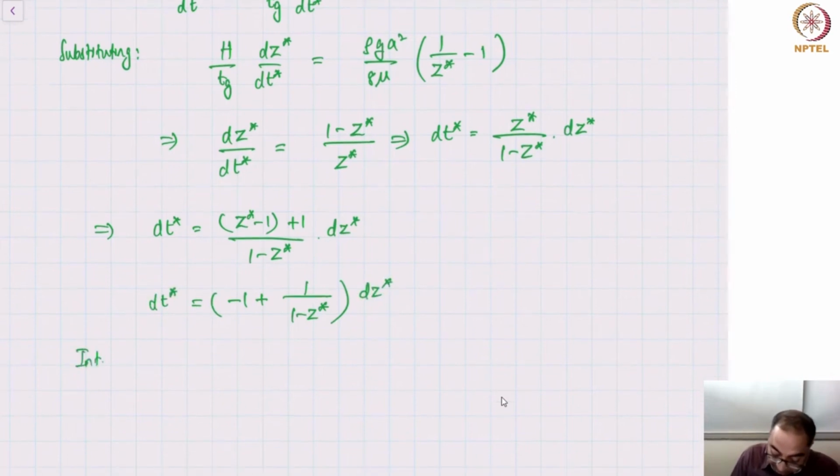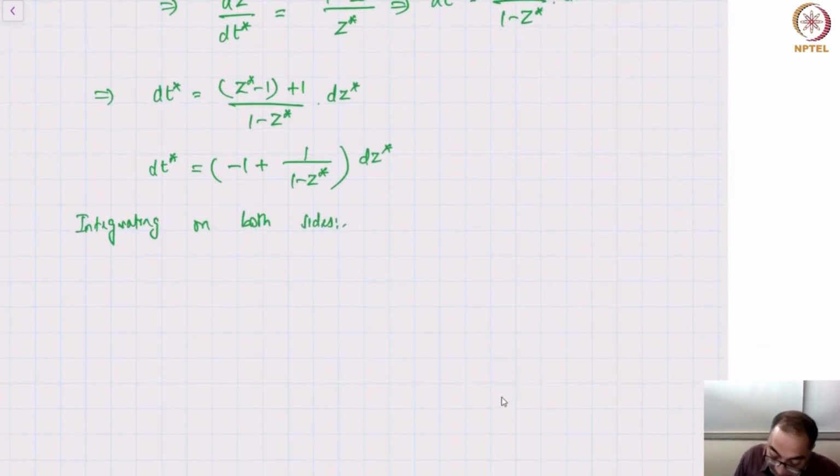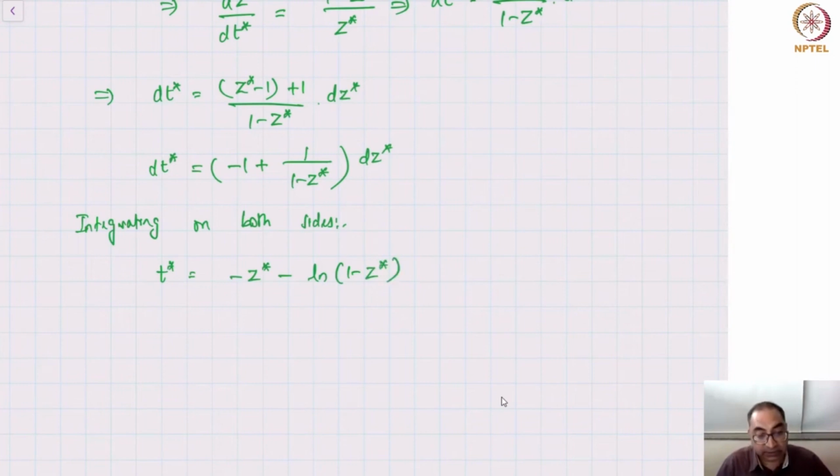I can integrate on both sides. What do I get now? I get t star will be minus z star minus natural log of 1 minus z star. That's the result I get.